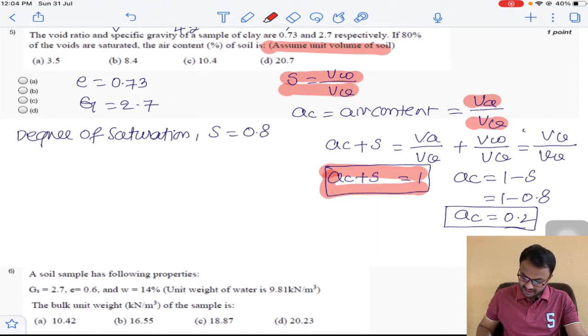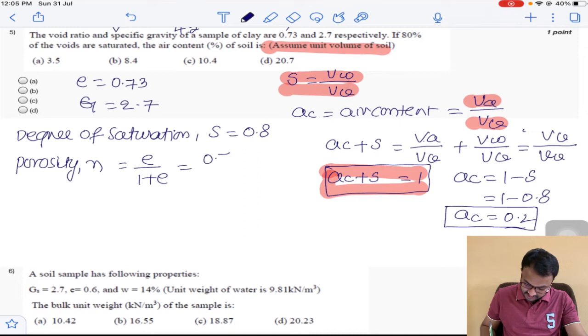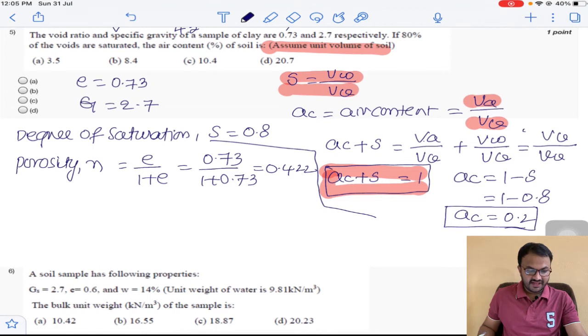Okay, and you can calculate porosity N is equal to e by 1 plus e. We have this relation, that is 0.73 divided by 1 plus 0.73. So you will get 0.422. Clear?